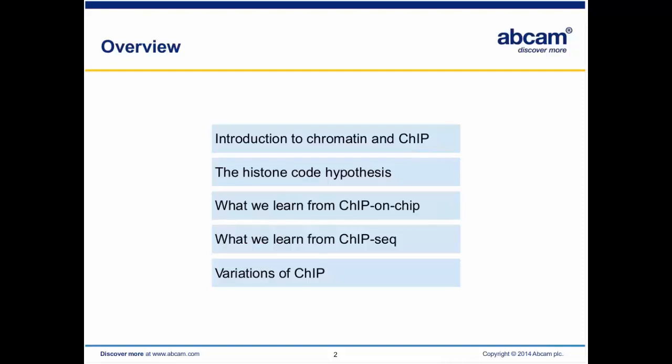Then I'll go over what data from ChIP qPCR looks like, and then review some interesting publications that use ChIP-on-chip to analyze chromatin modifications and genome organization. I'll then discuss some publications where ChIP-seq has been used, and finish by explaining some recently developed methods that use variations of the ChIP protocol.